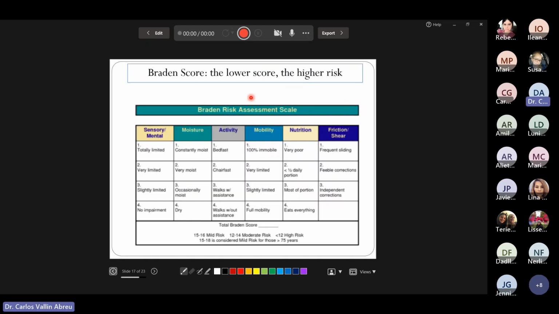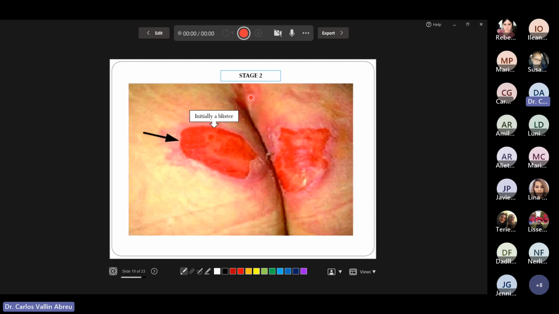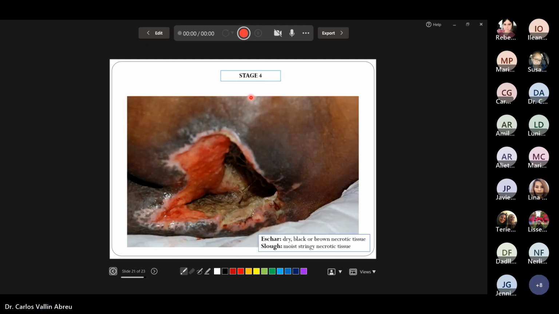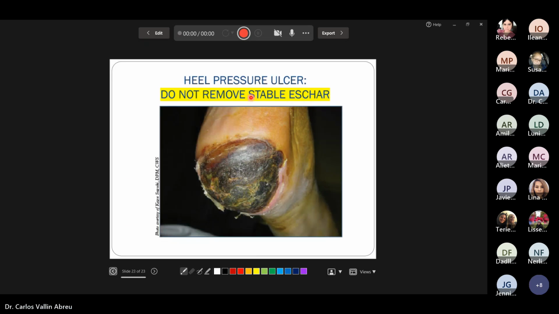Don't forget the Braden scale, the Braden scoring. This is an example of a very, very common pressure ulcer, the heel.